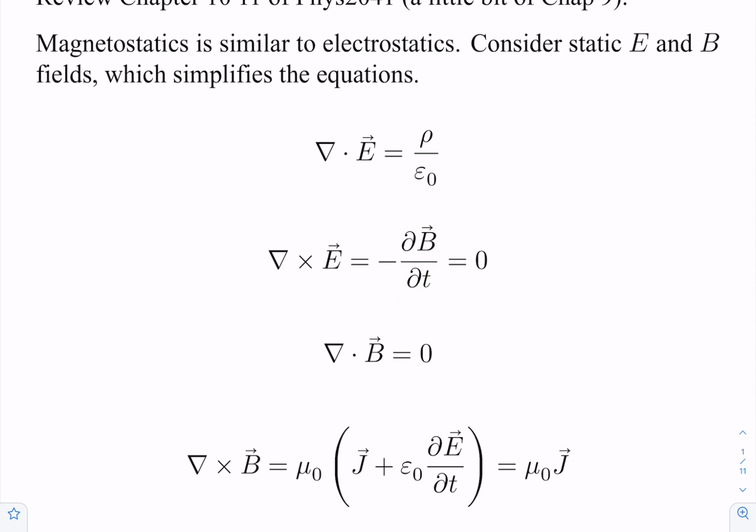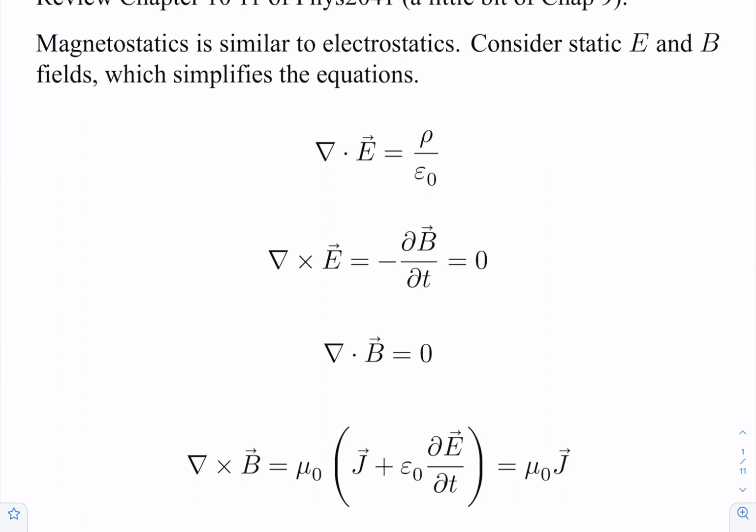So del cross E equals 0, and likewise in magnetostatics, the B field equation is also simplified because there is no time dependence on the E field on the right-hand side.